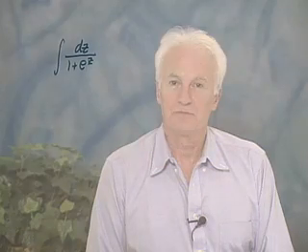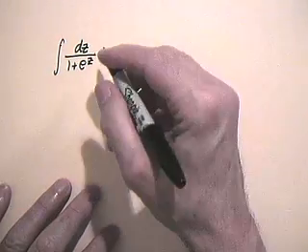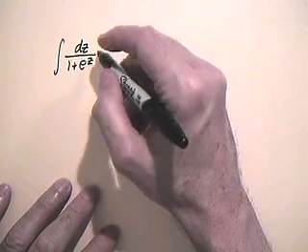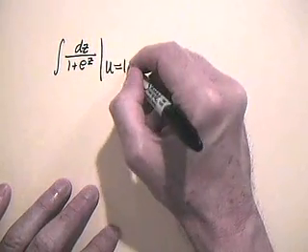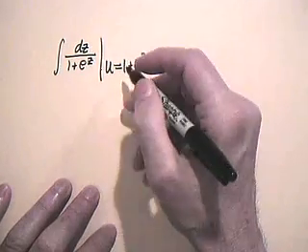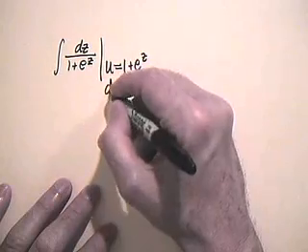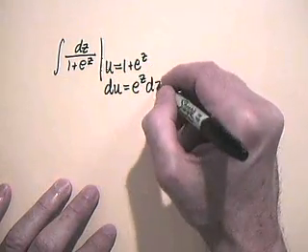Let's look at an indefinite integral involving the exponential function. Here, I have the indefinite integral of dz divided by the quantity 1 plus e to the z. Well, there's not much that we can try here other than just substituting u equals 1 plus e to the z, so let's go ahead and do that. If I do that, then du is e to the z dz.